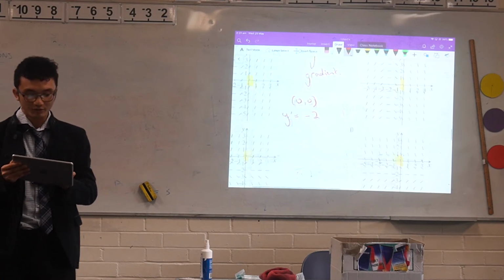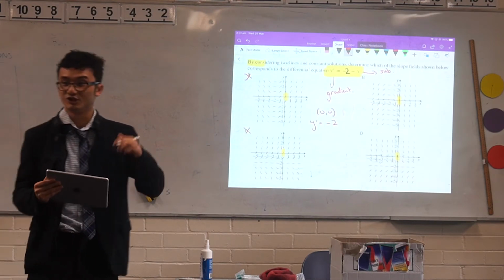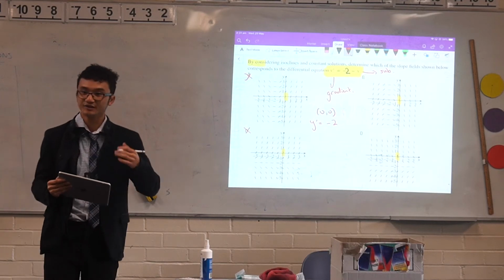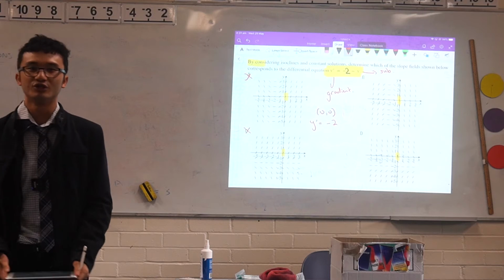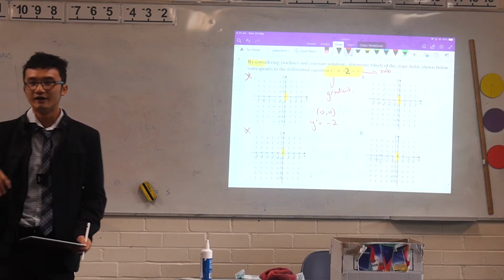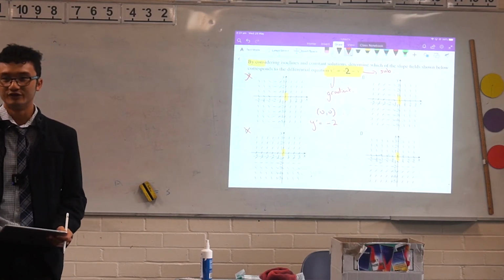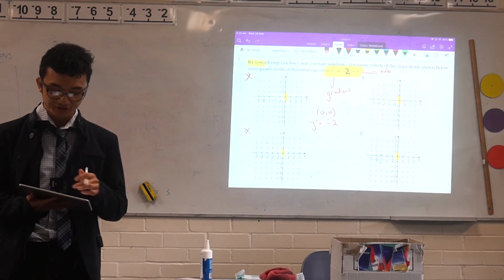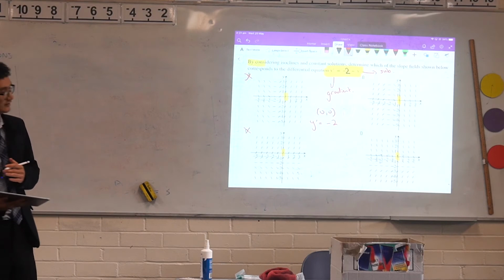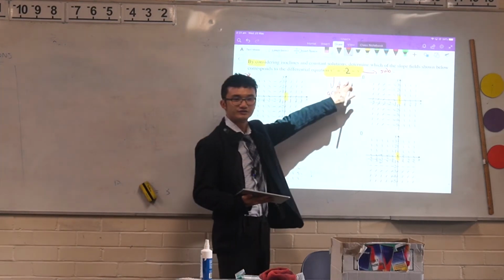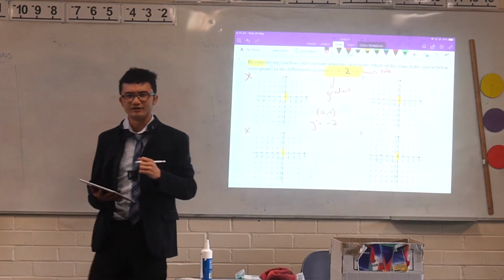Other things we want to think about. One way you could do this is to keep substituting in points over and over again. Sometimes you might have to do that because there might not be a better option. But I want to show you some things you may look for in your graphs. One thing I mentioned earlier was that there is no x value in this differential equation. So what would that mean?